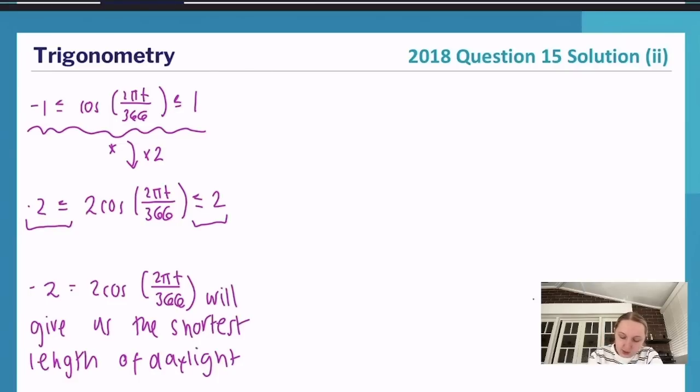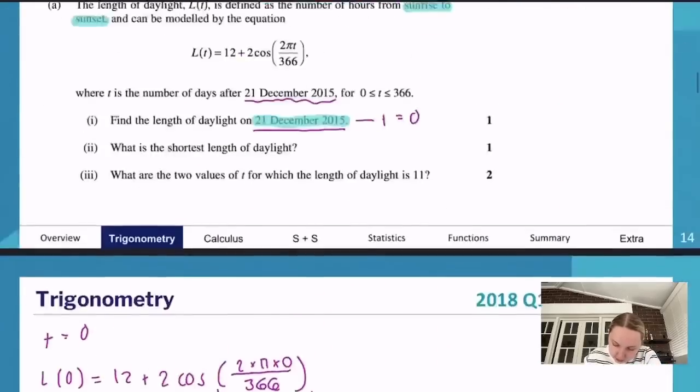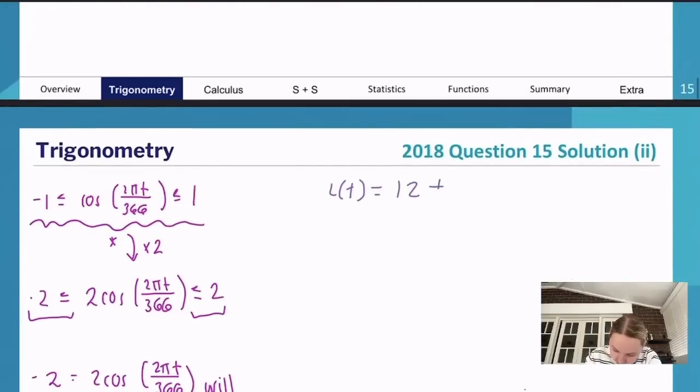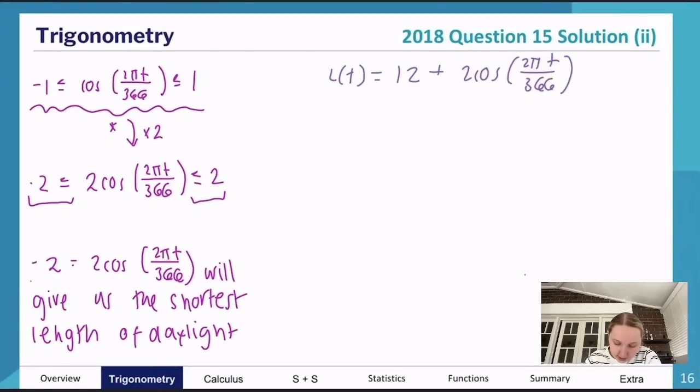So what we want to do is we've got our equation, which is L of t is equal to 12 minus, well, let me check if it's minus or plus, 2 cos 2 pi t on 366. And then we've just said when 2 cos 2 pi t on 366 is equal to -2, that's when we're going to get our shortest length of daylight. So then what we're going to do is sub in what we've said is going to be here, which is our -2.